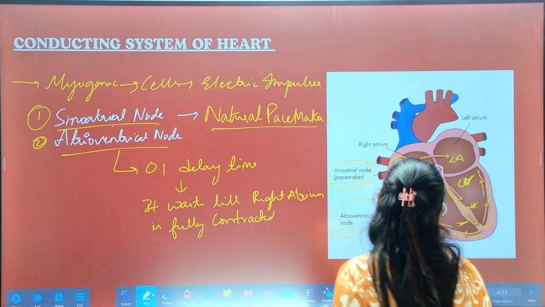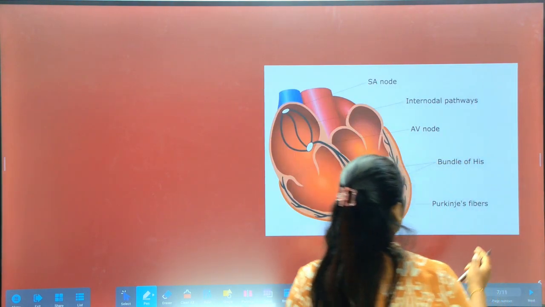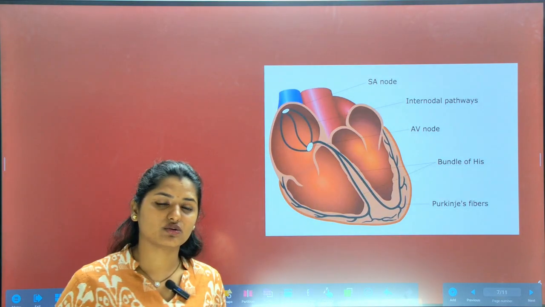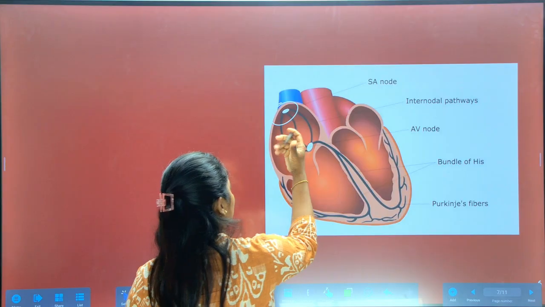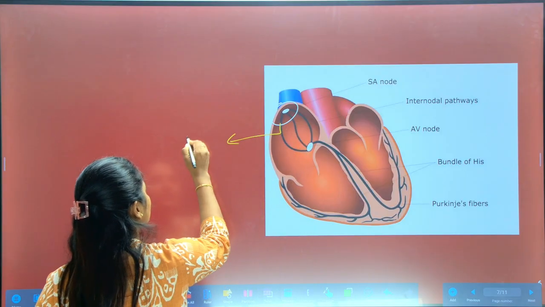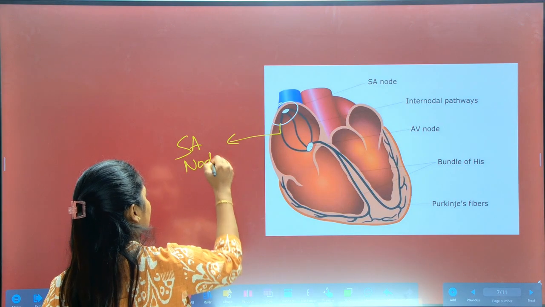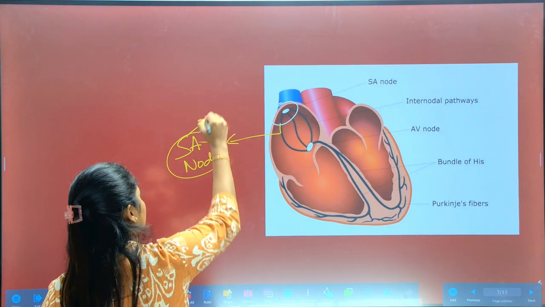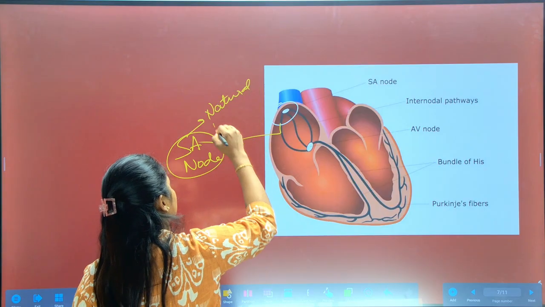Now here again we have two types of pathways, I mean two types of signals. This is the SA node, also known as the natural pacemaker.